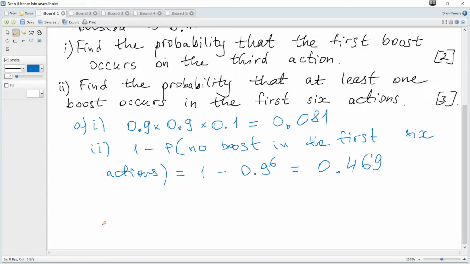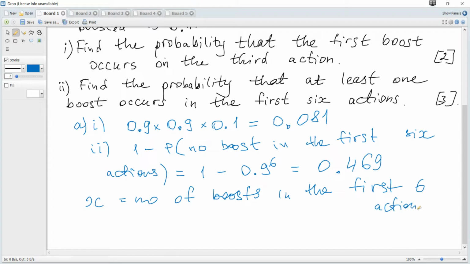But if you want to use binomial, let x be the number of boosts in the first 6 actions, and x is distributed binomially, n is 6, and the probability to be boosted is 0.1, and you need what? At least one.